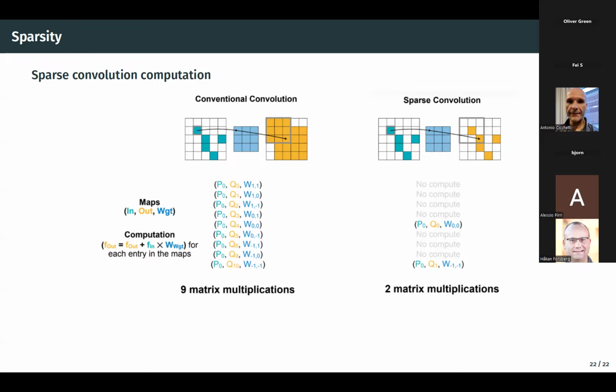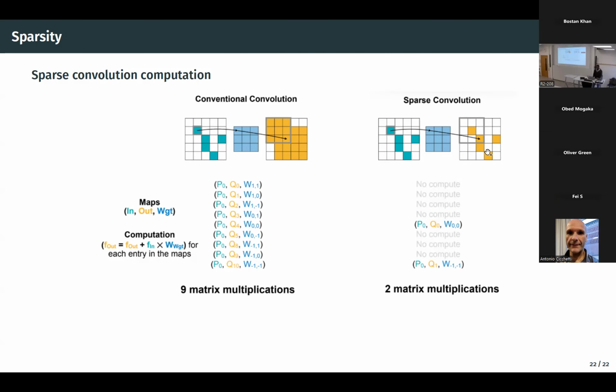One gain is from the storage perspective, because now you are storing only 2 values. But again, there is overhead, because you need to know where these 2 values are in this vector, so you usually have to encode this sparse data.